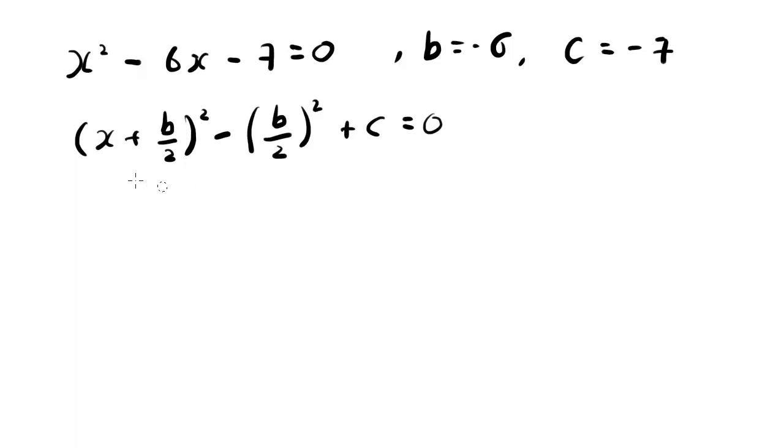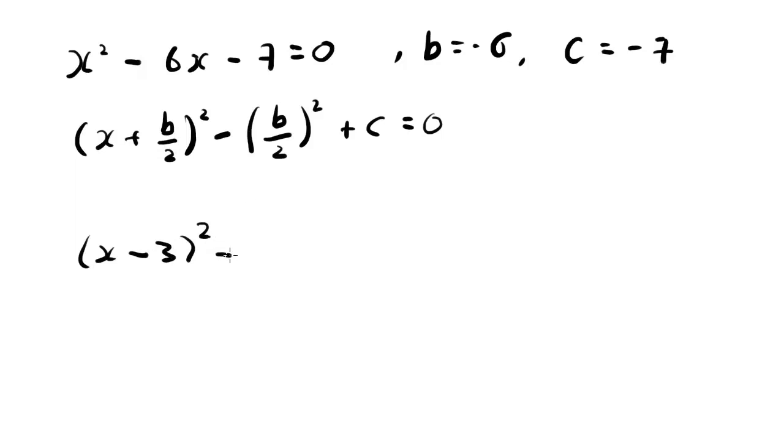So again, just like before, we fill in our formula. So x and then plus b over 2. Now b is minus 6, so b over 2 is minus 3. So if we add minus 3, we get x minus 3 squared.